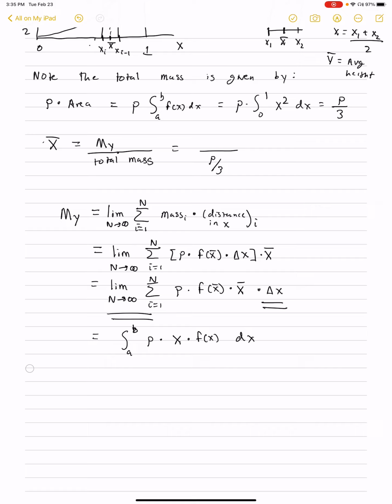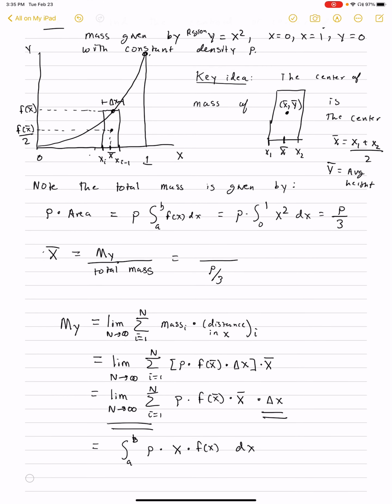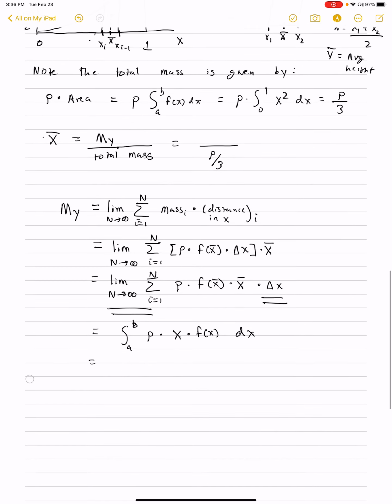That's how I calculate my moment about the y-axis when I do not have a discrete set of points. The key idea is that the center of mass of a rectangle is in the center, and I'm going to inscribe lots of rectangles inside this mass. When I do this, I pull the rho out in front. This is the integral from 0 to 1 of x times f of x, which is x squared, and this is going to be rho over 4.